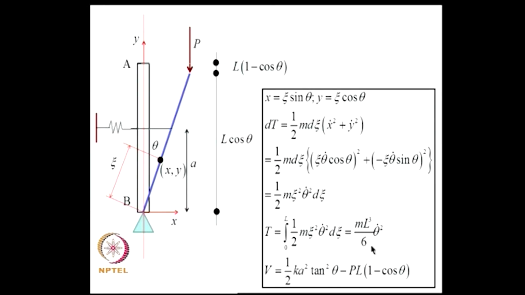Now, the strain energy is given by the energy stored in the spring and the work done by this load. So, the change in length of the spring, if you include and compute, this will be half K a square tan square theta, and the contribution of the load is minus P L times 1 minus cos theta.